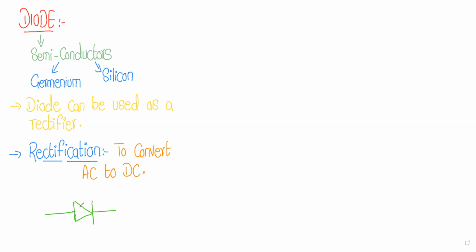So now our main purpose is to convert AC into DC. Let's suppose there is a circuit, and again we consider a circuit over here. This is a positive, this is a negative end, right? And we connect our diode over here.